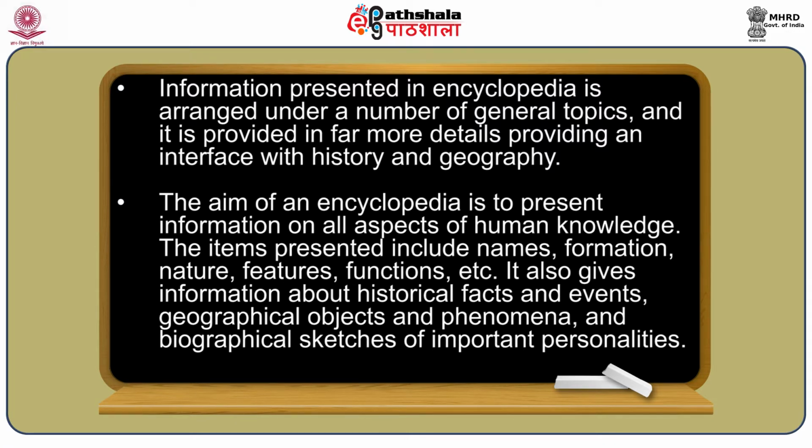The aim of an encyclopedia is to present information on all aspects of human knowledge. The items presented include names, formation, nature, features, functions, etc. It also gives information about historical aspects, facts, events, geographical objects and phenomena, biographical sketches, and important personalities and others.